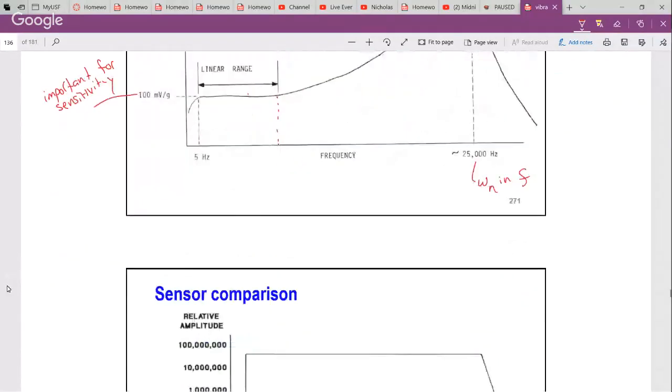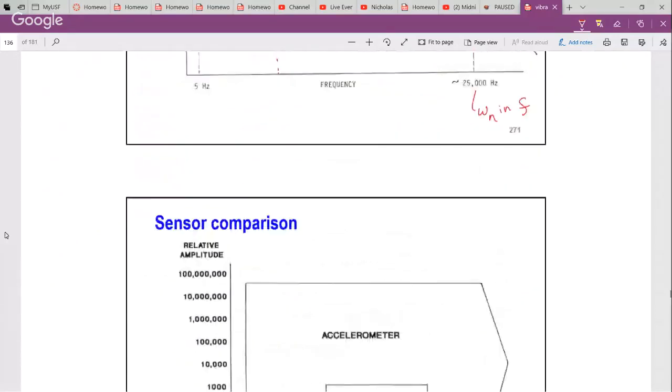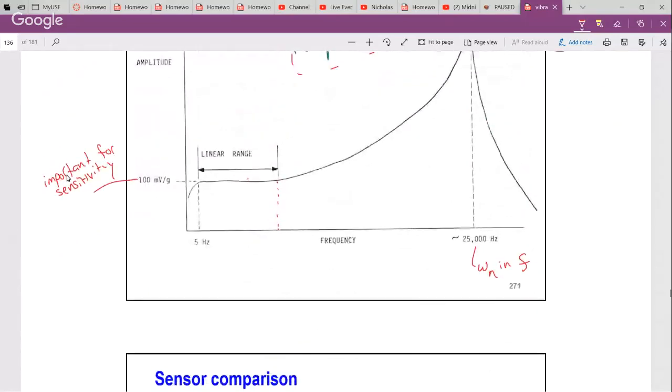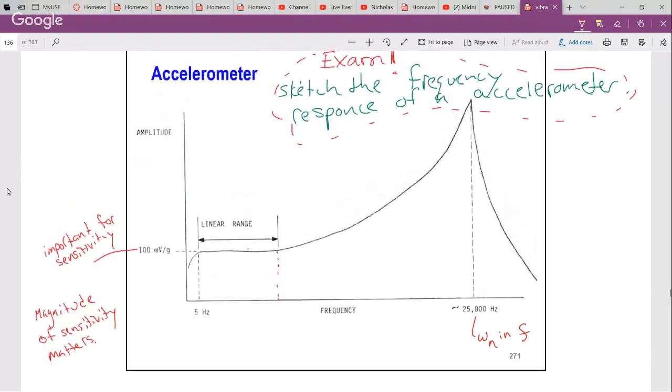All right, so just one final thing. That frequency range is not the only thing important. The other thing that's important is the magnitude of the sensitivity. For example, I've got some that are measuring micro G levels, so the sensitivity would be like 10 micro G per volt. That's not something you want to put on a machine. It's something you want to put on something that has very low level vibration.